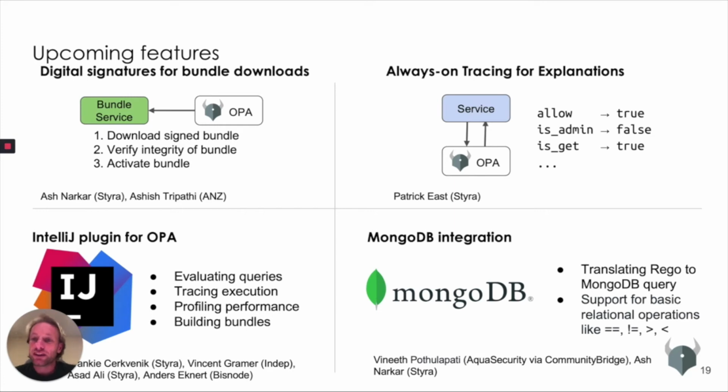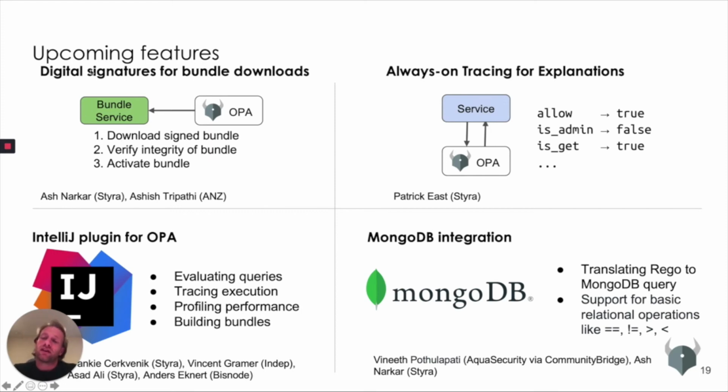That's it for features that are already in the latest release of OPA. So now let's turn to some upcoming features, some work that is coming in that you may want to know about. So the first one is bundles. Remember, OPA uses bundles to download policy from an external service. One of the new features here is that those bundles can now be signed.